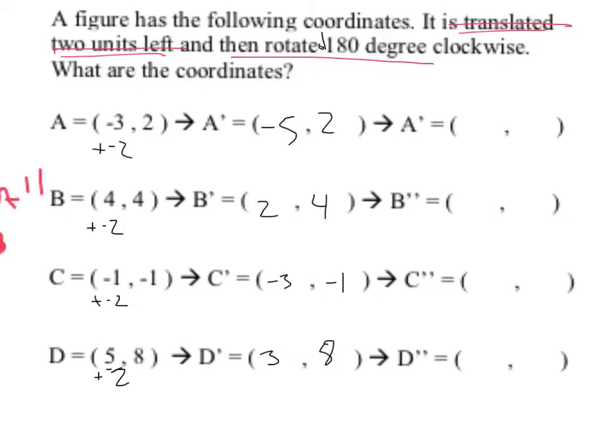Switches the signs, and that's all it does. So -5 becomes a +5, 2 becomes a -2, -3 becomes a +3, +3 becomes a -3, and so on. And this would be our new figure.